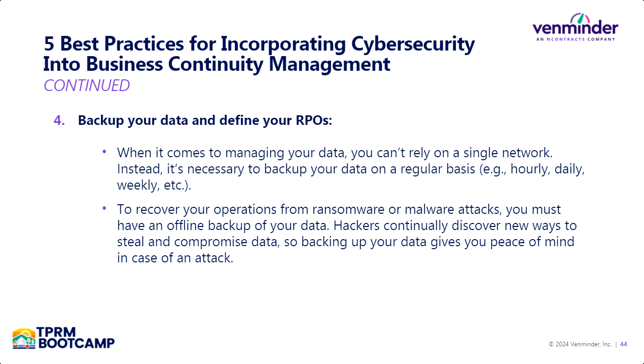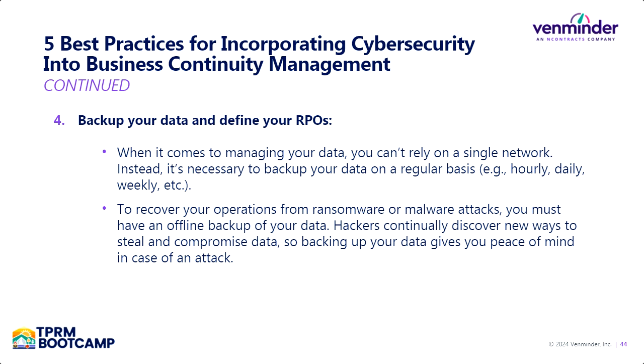Number 4 is to back up your data and define your RPOs. When it comes to managing your data, you can't rely on a single network. It's necessary to back up on a regular basis, and you have to make sure that that aligns with your vendors as well. To recover your operations from attacks, you have to have an offline backup of your data.